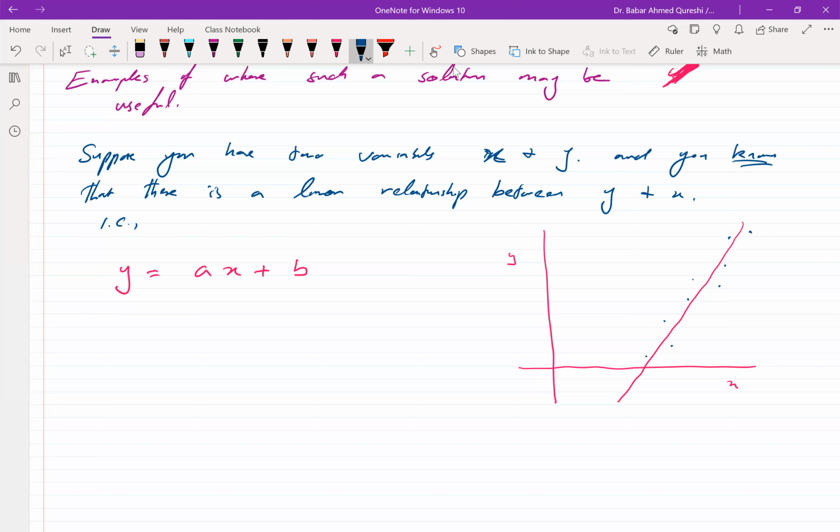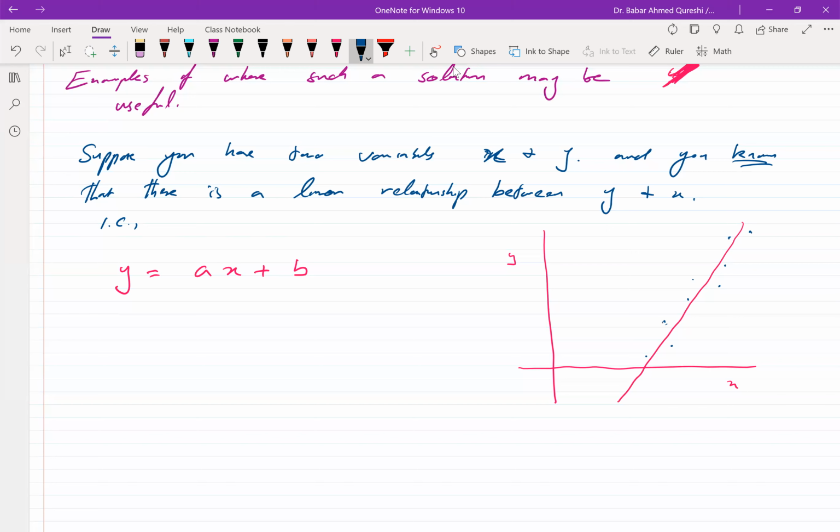So there will be a little bit of offset depending on how accurate your data is, and there will be errors. No matter how careful you are, there will be some errors, and even if the errors are minimized, just because you are plotting some finite numbers, they will not be exactly falling on this line.